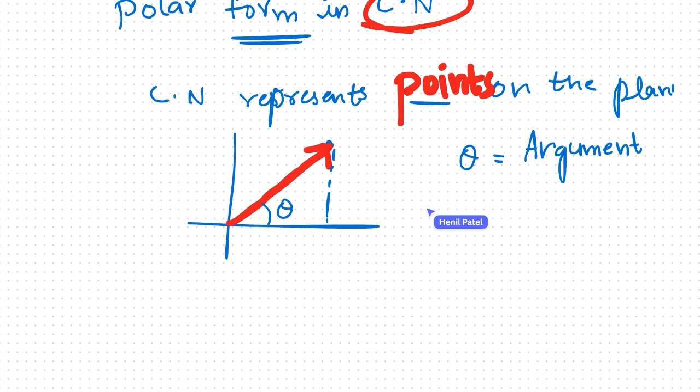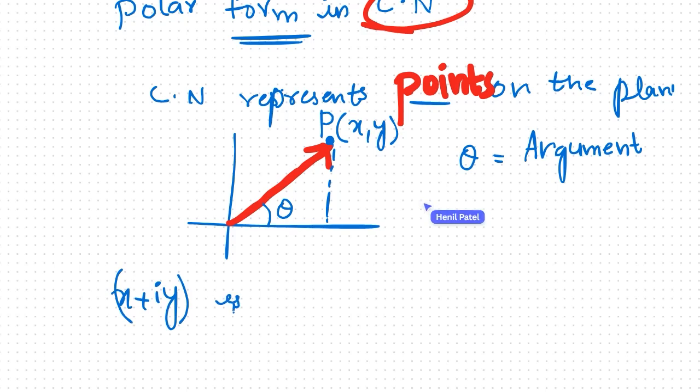So let's say the coordinates of this point P are x comma y. So the complex number P is x plus iota y. This is the complex number.